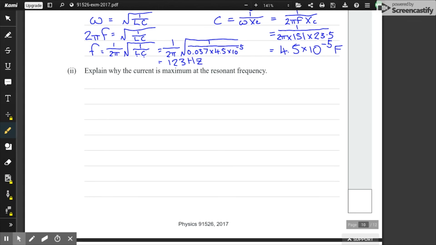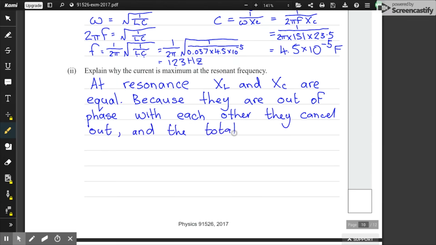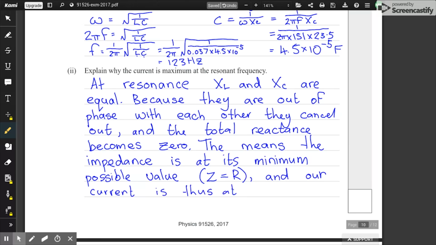We already explained this in the previous question, but let's go over that again. At resonance, XL and XC are equal, and because they are out of phase with each other, they cancel out, and the total reactance becomes 0. This means the impedance is at its minimum possible value, that is Z equals R, and our current is thus at a maximum. Okay, and that's it.